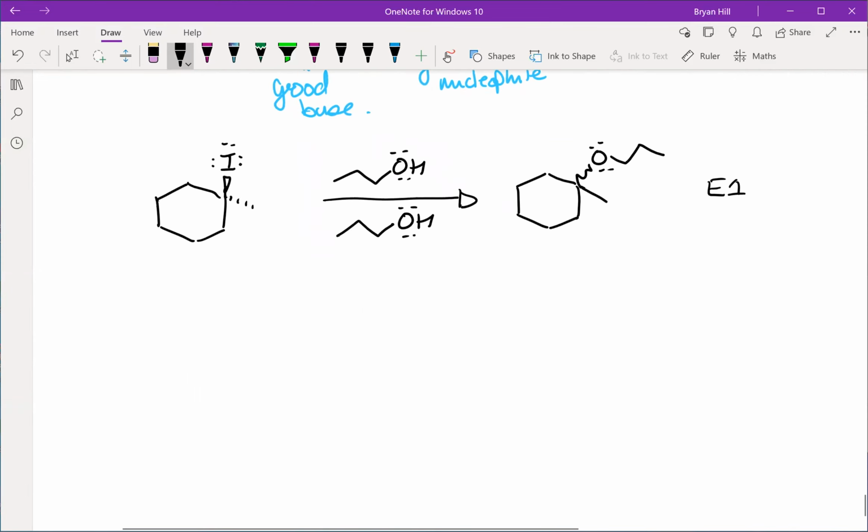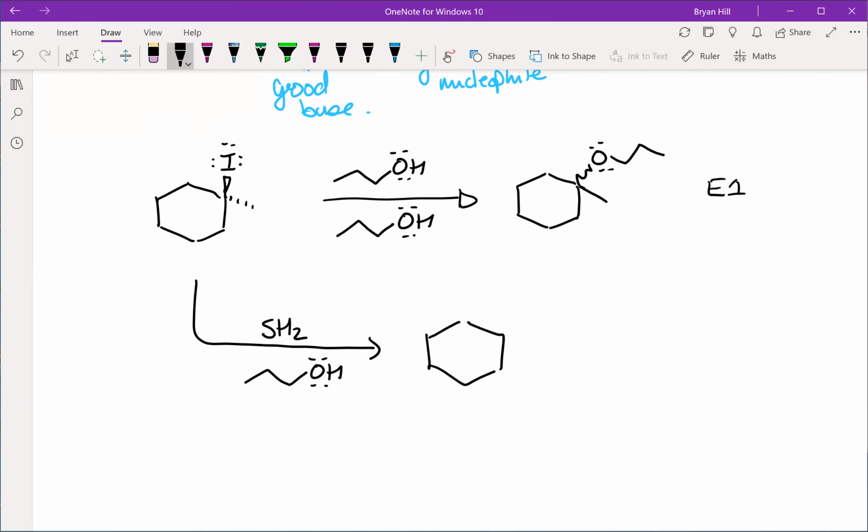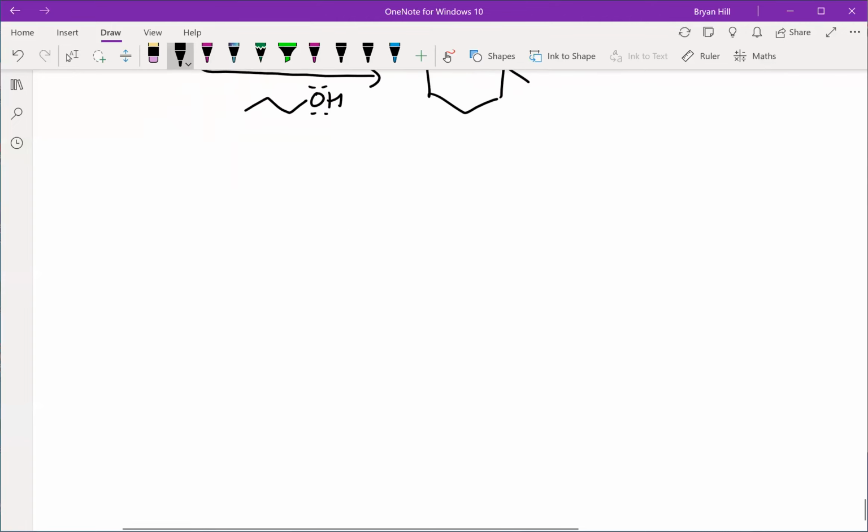If you like something which is a good nucleophile, it could be something like this: SH2 in propanol. The only difference now is that our nucleophile is going to give us SH, substitute SH there. Okay, let's do another one here.